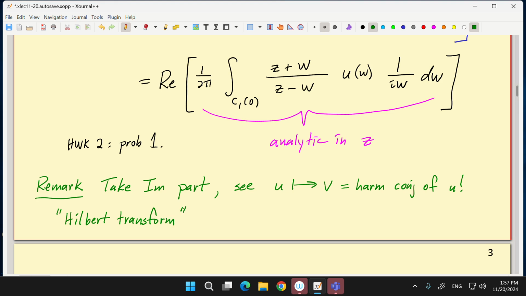And it's very interesting. u can be continuous, and v not continuous is possible. V not only not continuous, but not bounded.